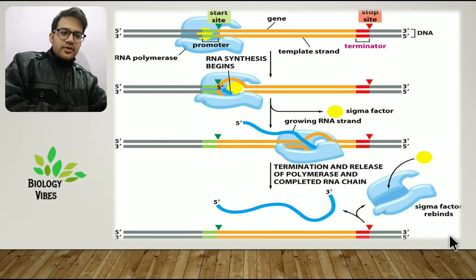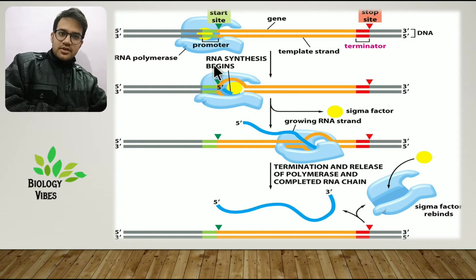So this is a kind of whole picture of what happens in initiation. This yellow portion is the sigma factor, there's a start site, and this blue part is known as the RNA polymerase. It will start. This yellow part is the gene which is to be synthesized. This lower part is the template.